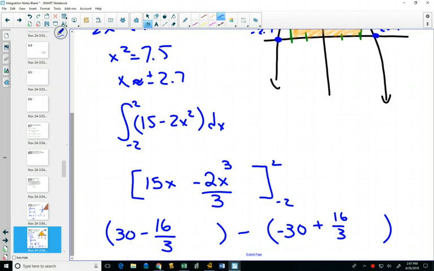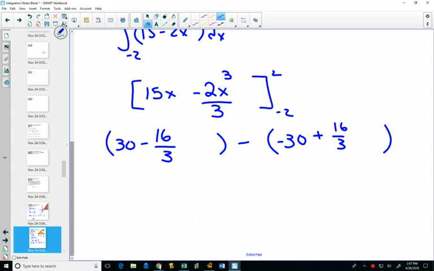Look at those two 16s over 3 cancel each other. What's that? Wouldn't it be just 16? Oh, it's 2, not 3. Good. And now if we're subtracting, we're going to get 60 minus 32 over 3, which simplifies to 180 minus that, 148 over 3.